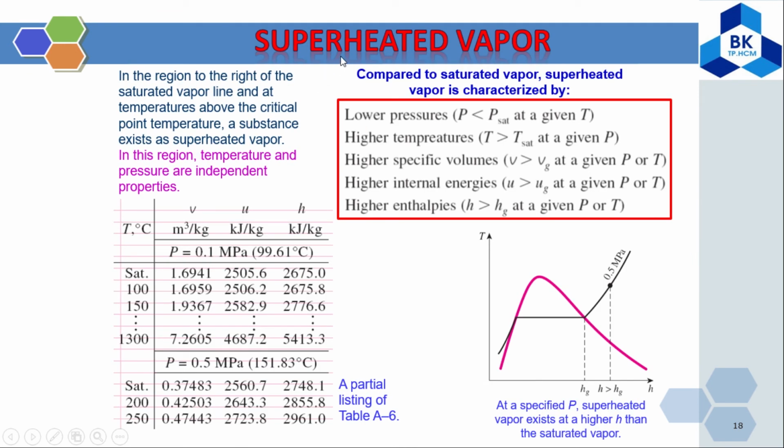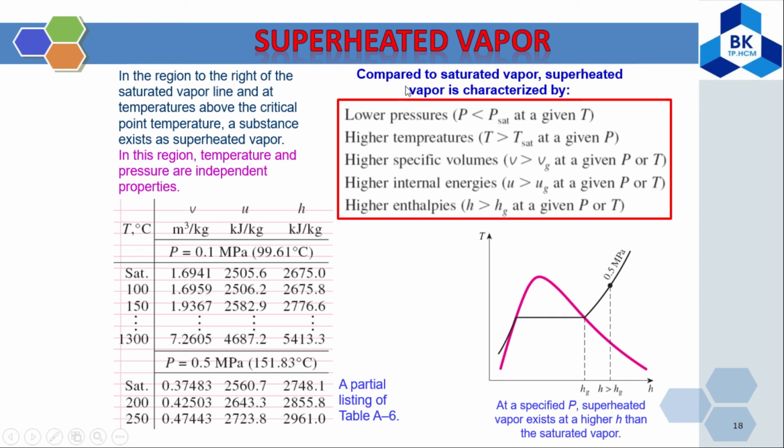Next, the superheated vapor. In the region to the right of the saturated vapor line, and at temperatures above the critical point temperature, a substance exists as superheated vapor. In this region, temperature and pressure are independent properties.